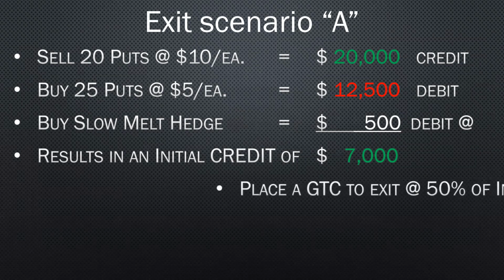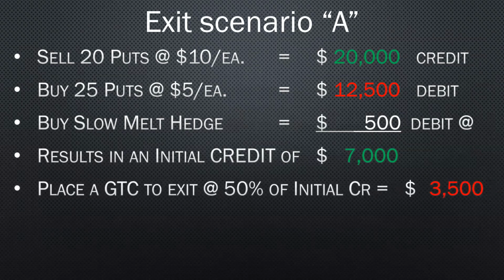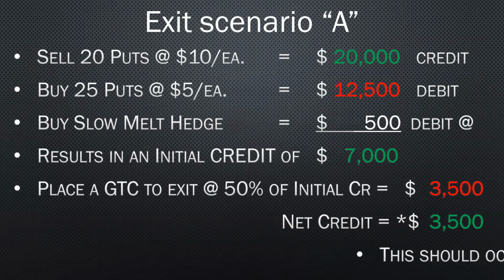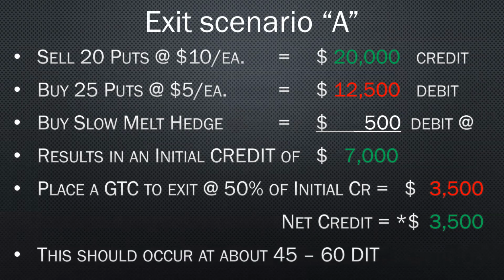We're going to place a good till cancel just like we did before at 50% of the initial credit. That's $3,500. We're going to exit everything that we can with $3,500. We're going to keep $3,500. But I want you to remember, we bought a slow melt hedge at $500. That is going to still have some value. And we're going to show that in a little bit.